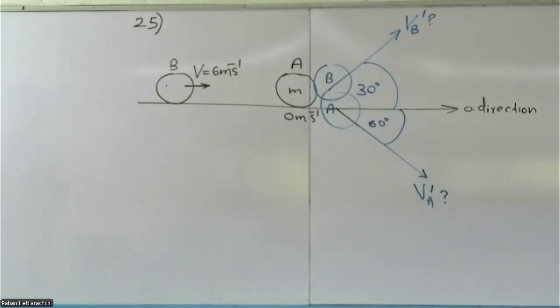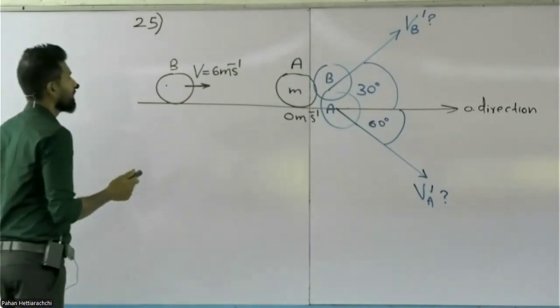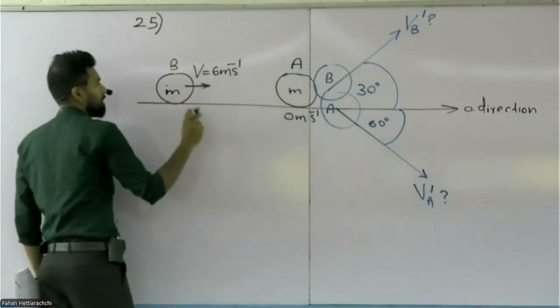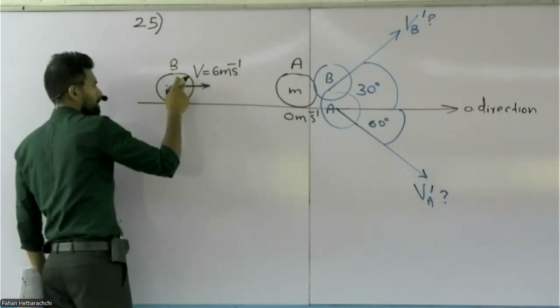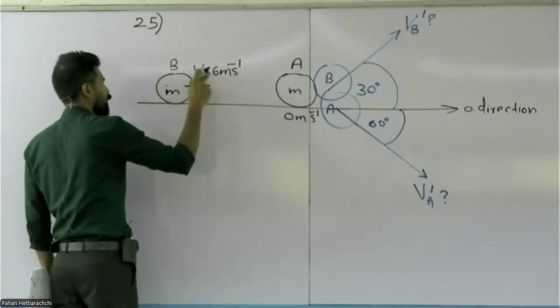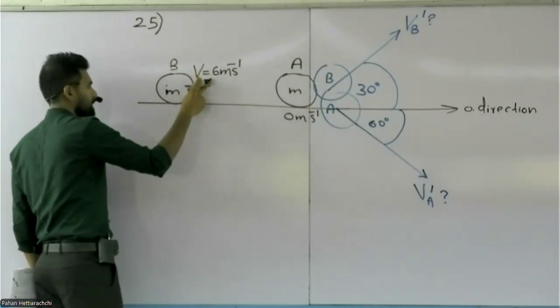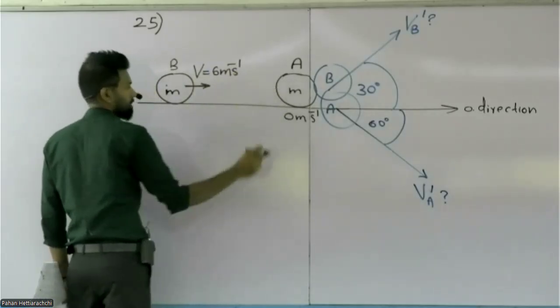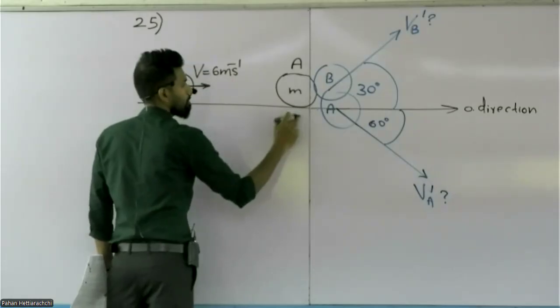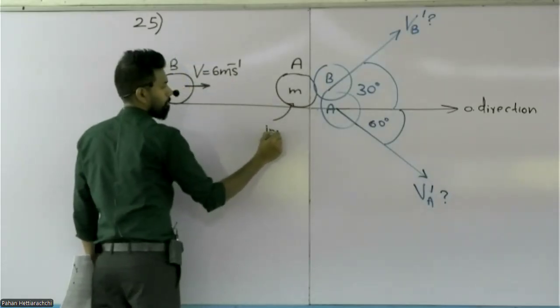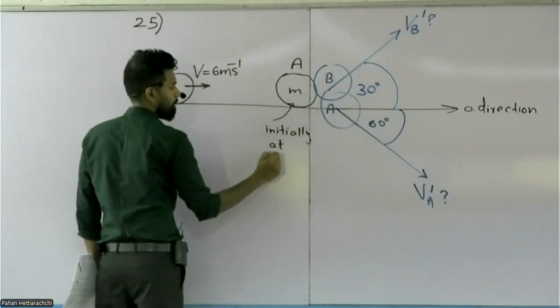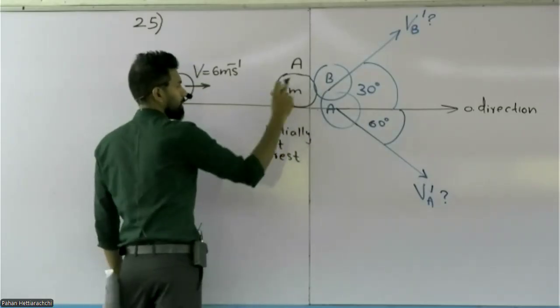In a billiard game, two identical balls, same mass, M and M. Ball B is reaching ball A with a velocity of 6 meters per second and hits ball A, which is initially at rest. Then what happens?